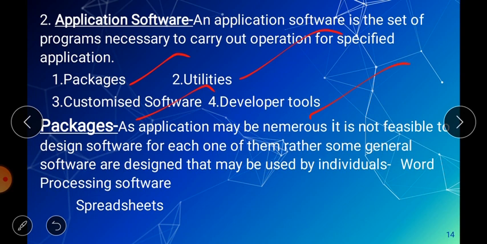Now starting with the packages. So what is the packages? As you have seen the MS Office package in your computer system, the MS Office package contains all types of software which you simply need in any office. In office you have to do some calculative work, some data management work, some letter writing sort of work.